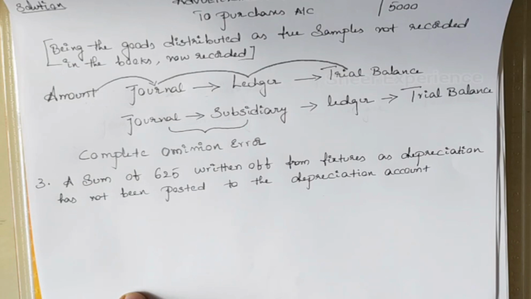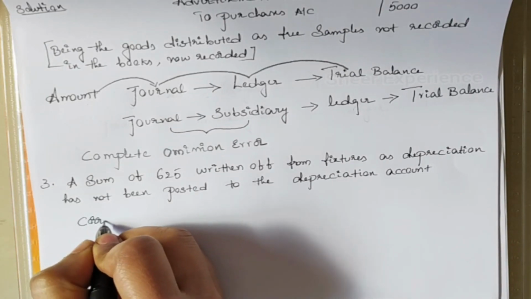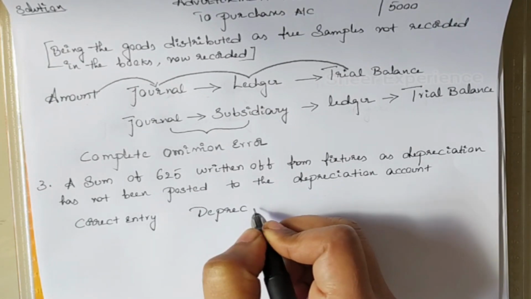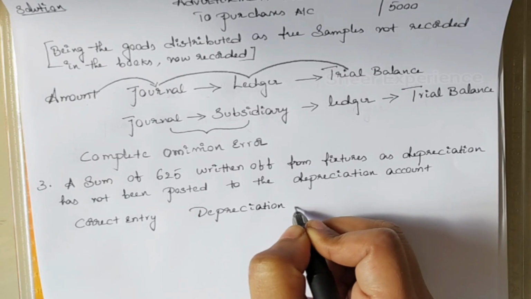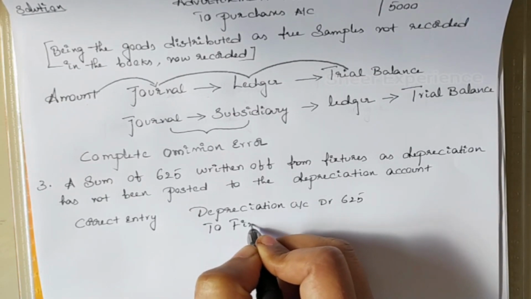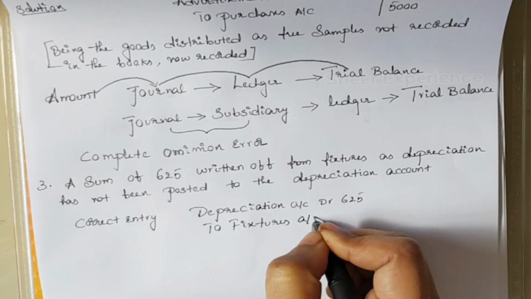Error states that they have not posted to depreciation account. That means they have posted to fixtures account. When we charge the depreciation on an asset, the correct entry is depreciation account debtor to asset account. Here we are charging depreciation on fixtures. So the entry is depreciation account debtor to fixtures account.